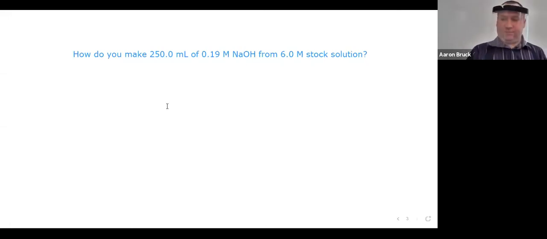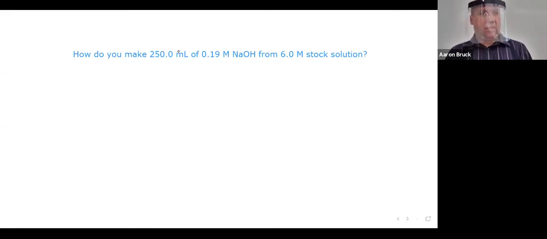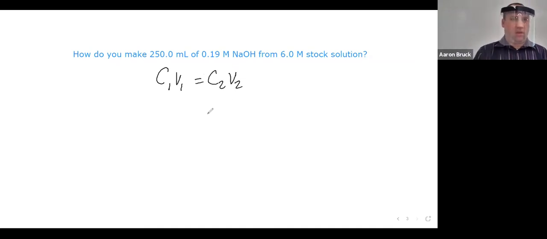Well, the answer is relatively straightforward. We're still using the dilution equation. What we need to make sure we get straight is what volume and what concentrations go together.